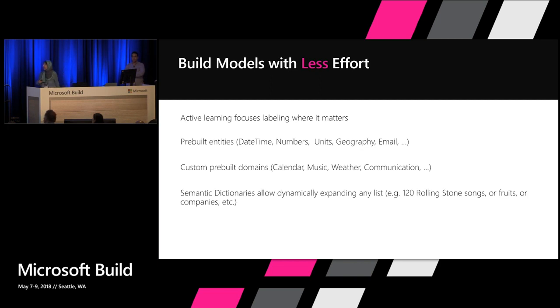We also offer a set of pre-built entities that I talked about, and pre-built domains like calendar, music, weather, communication, a bunch of domains that are commonly used among our customers, as well as a way to expand your dictionaries. We give you a very intelligent technique to expand your dictionaries. Assume you want to build that phrase list I was just mentioning to adapt LUIS to your own vocabulary. You're not by yourself.